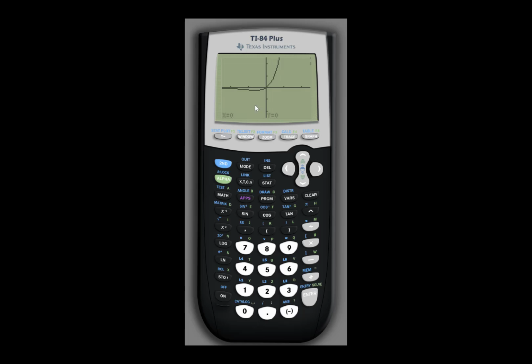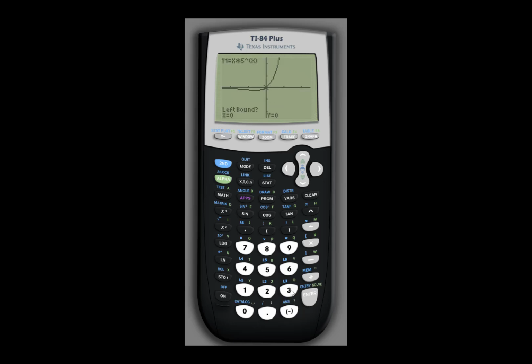Now, we can see that the graph seems to bottom out somewhere to the left of the y-axis. And we can figure out where that point is, where it bottoms out, by clicking second, and then calc, and then looking for the minimum value in that interval.